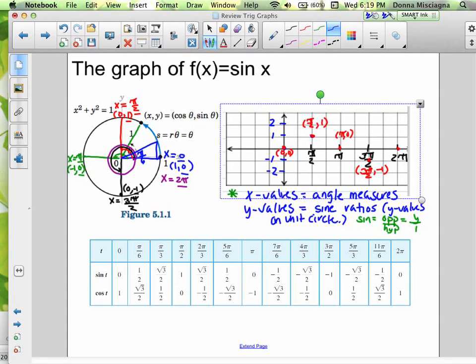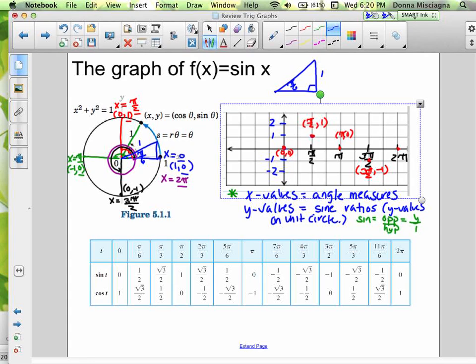Now remember, this is a radius of a circle, and we have limited it to 1. So normally, if we're dealing with the 30, 60, 90, or pi over 6, pi over 3, pi over 2 angle, opposite 30 degrees, or pi over 6, the short leg, is 1.